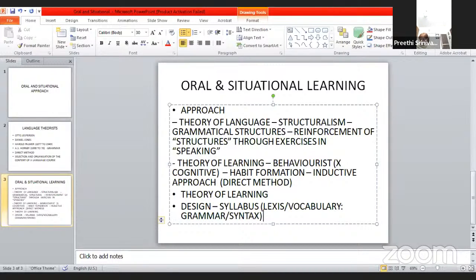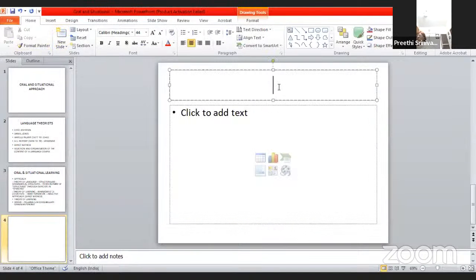But in the case of the oral and situational approach, the word situation is understood as encompassing such areas as pictures. So, what is used in the class? You understand? To teach.